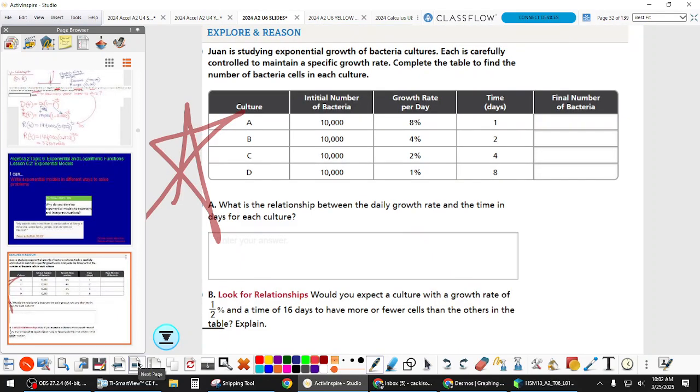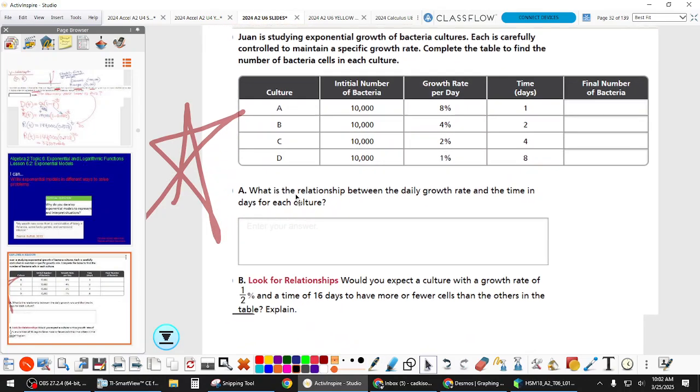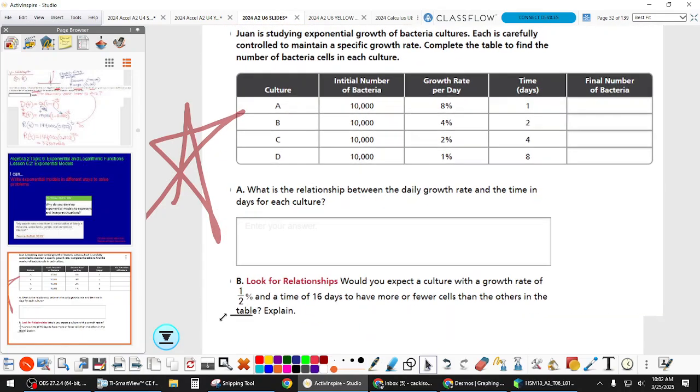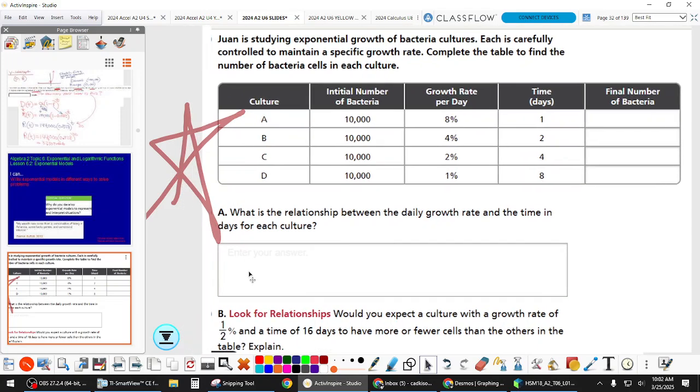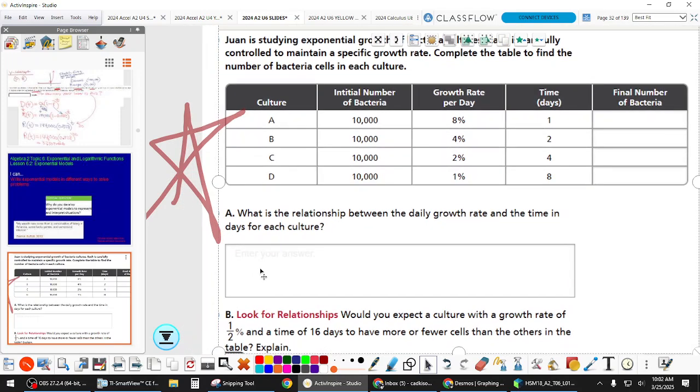All right, so why don't you grab your calculator and work through this slide. Here's what's happening. We're doing bacterial growth for now. It says each one is carefully controlled to maintain a specific growth rate.